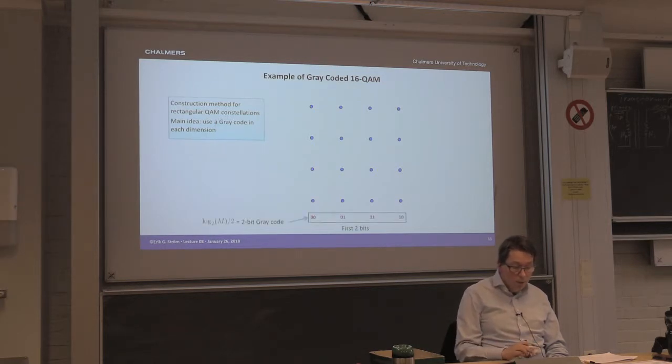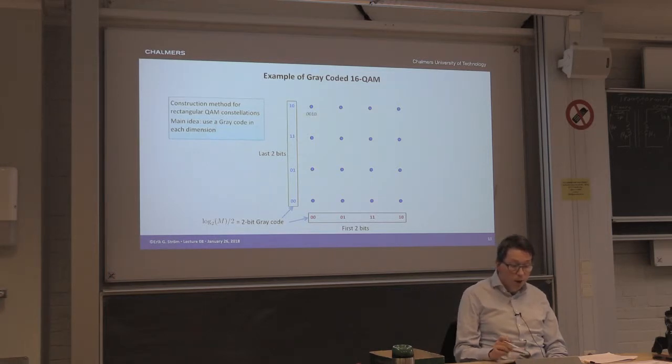And to do that, we just do a gray code along that axis. It's a 2-bit gray code because we have 4 points along this axis. We do a 2-bit gray code along that axis. And for each point, we take 2 bits from this one and 2 bits from this one and just build up the 2-dimensional gray code like that.